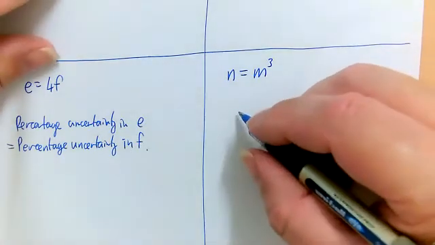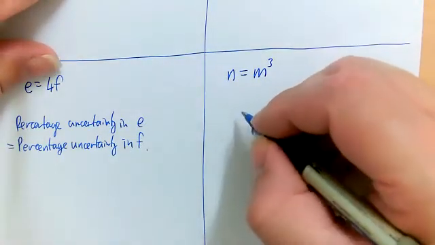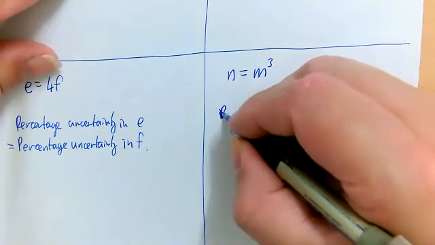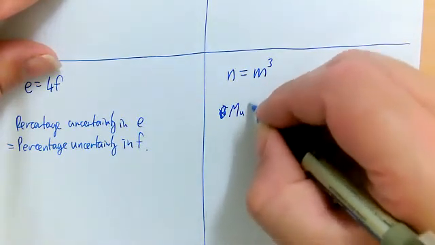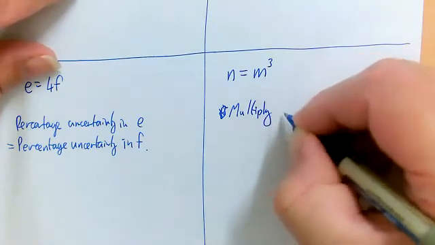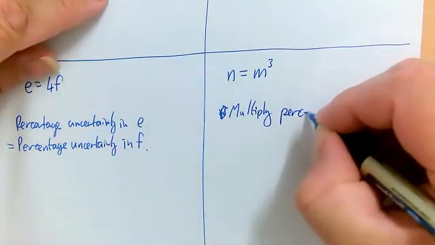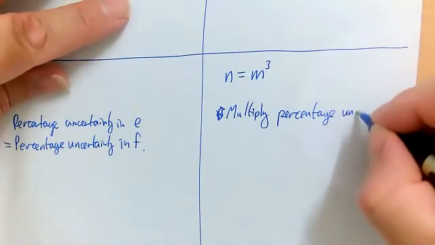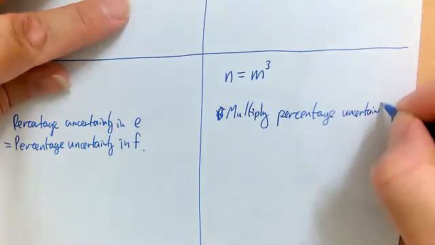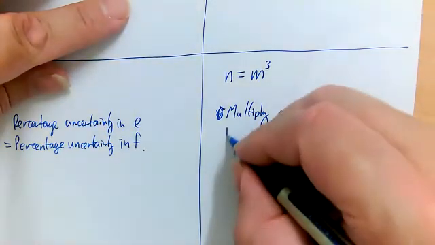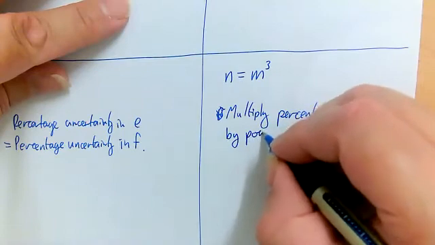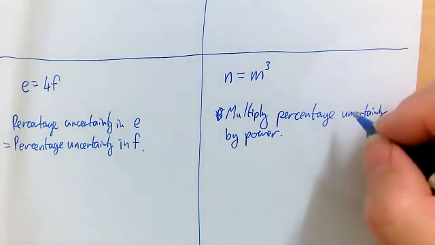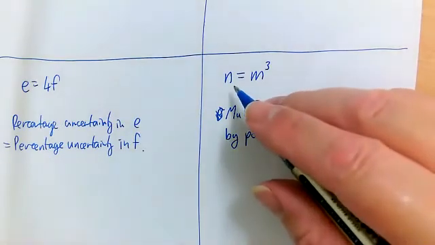The percentage uncertainty in N: so you've got a power, you multiply the percentage uncertainty by the power, and you get the percentage uncertainty in N.